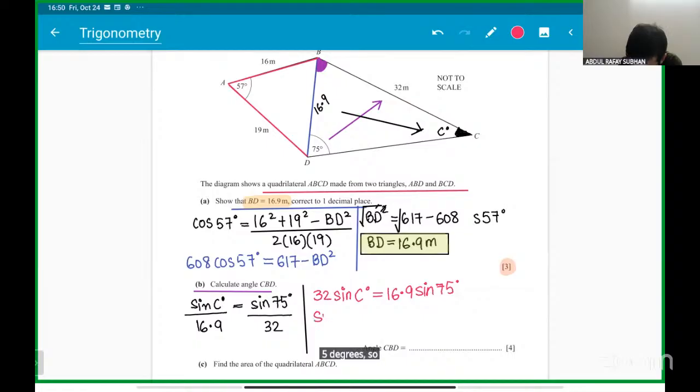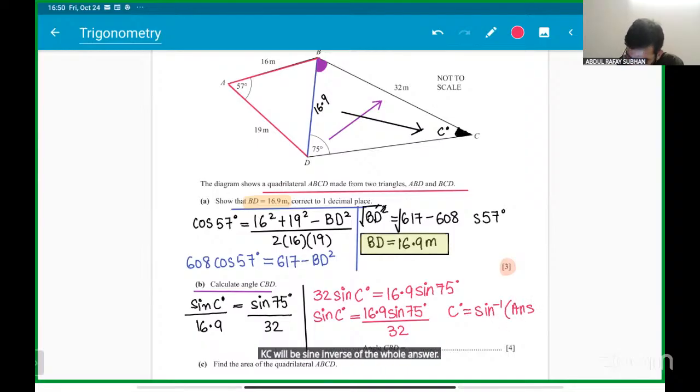So sine C equals 16.9 sine 75 divided by 32. So we got angle C first. C will be sine inverse of the whole answer, sine inverse of 16.9 sine 75 divided by 32.